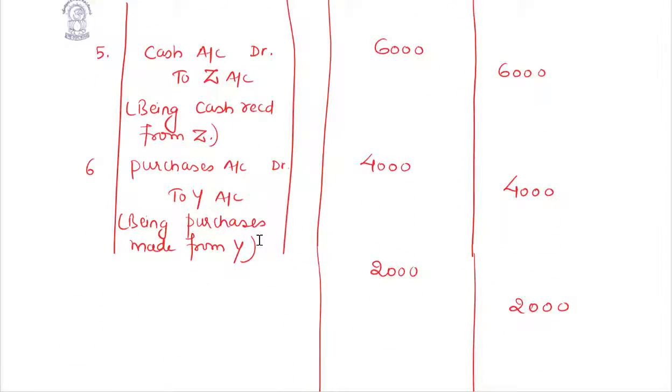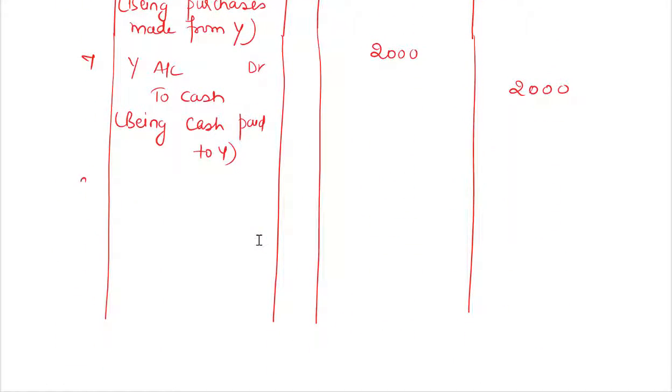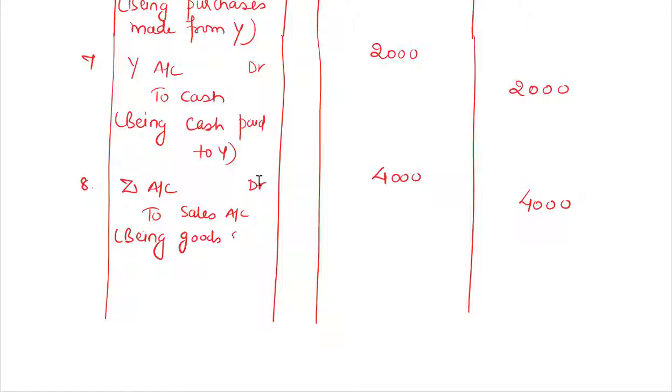Simple. Z account debit the receiver, to sales account, 4,000. Being goods sold to Z.